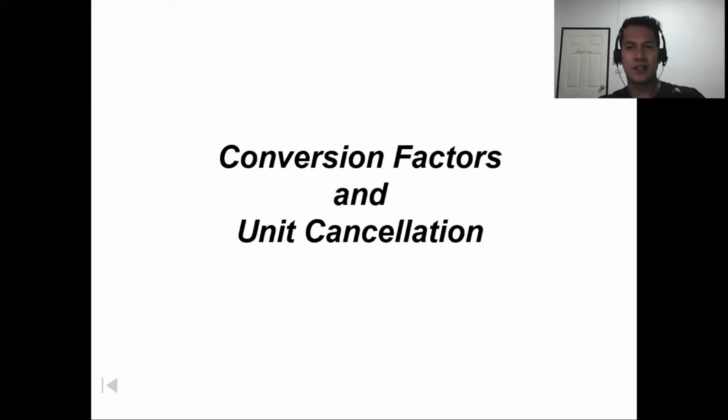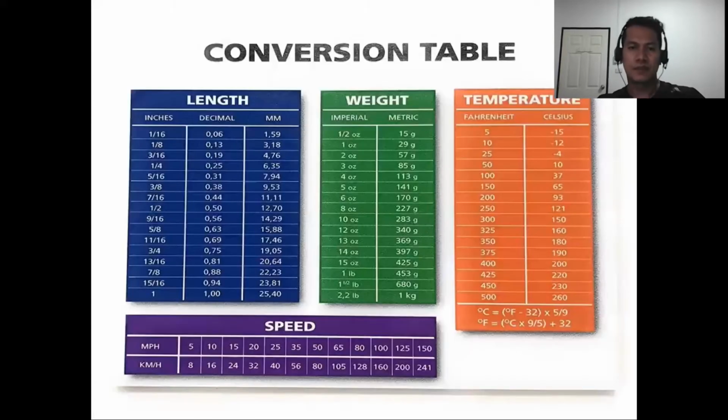Our topic this afternoon is about conversion factors and unit cancellation. In today's presentation, you're going to need a conversion table that looks like this. A conversion table for length, weight, temperature, and speed.